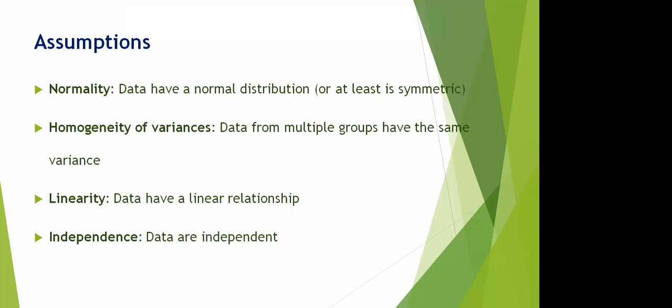So if data from multiple groups have the same variance, then only we can go with a parametric test. And linearity: data should have a linear relationship, and the data should be collected independently from the population. These are all the assumptions we consider to select a parametric test: normality, homogeneity, linearity, and independence.